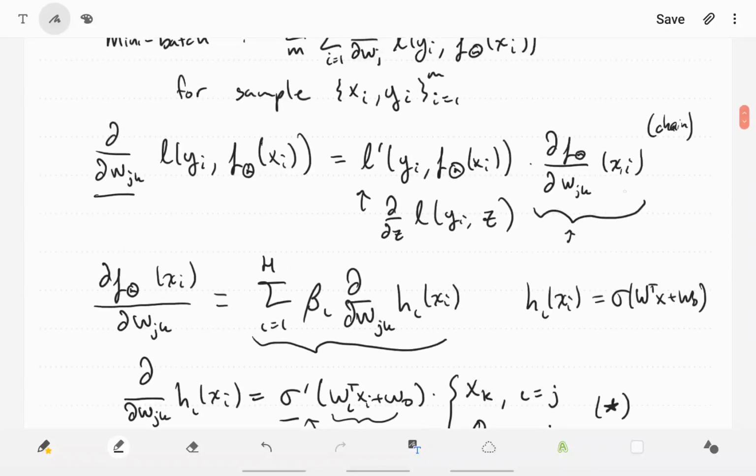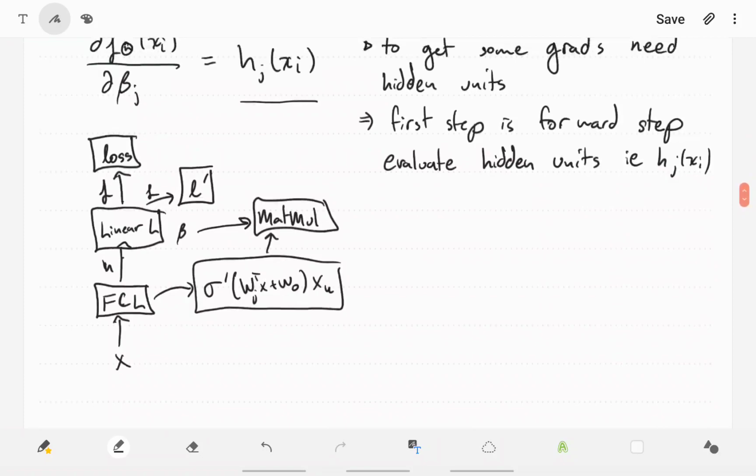And now this partial f sub theta with respect to wjk, this can be multiplied to the L prime. And so we do another multiplication here. We call it matrix multiplication. Really, it's a tensor multiplication. If you think about it, as soon as you start taking gradients, you get these very large tensors.